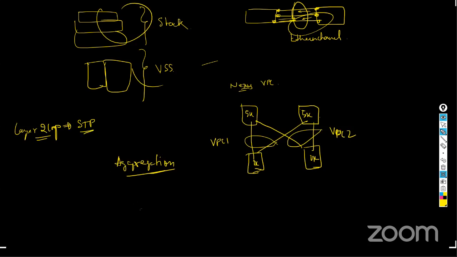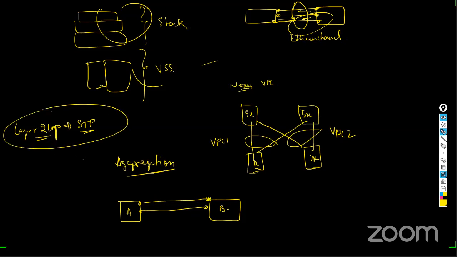Let's say I have switch A and switch B, standalone boxes connected by a single cable, and I feel they're not giving me good throughput. So in the upcoming days, I bring one more cable. Now the looping happens automatically. So what is looping?